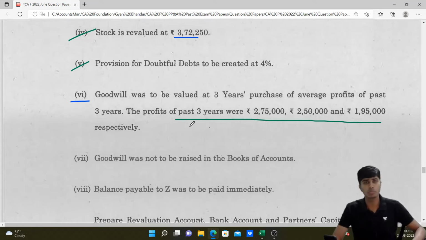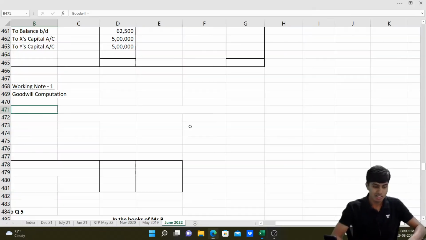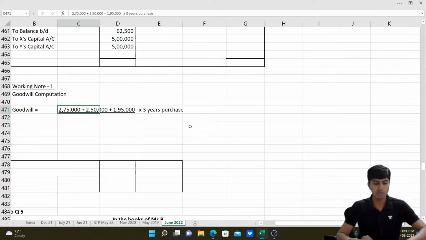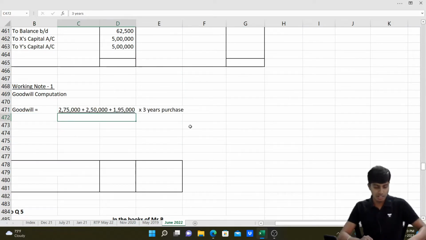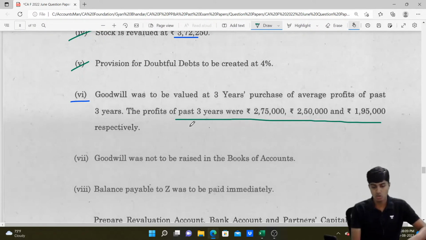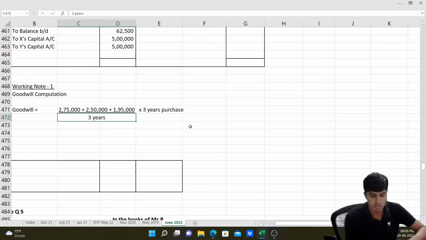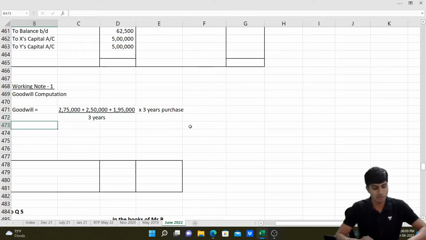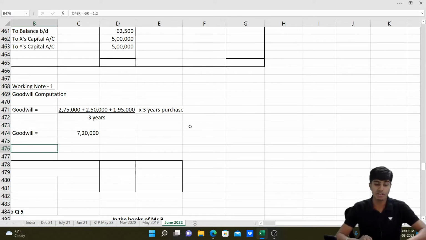So year 1 profit plus year 2 profit plus year 3 profit divided by 3, multiplied by 3 years purchase. So 2,75,000 plus 2,50,000 plus 1,95,000 divided by 3 multiplied by 3. That's basically the sum total. However, let's still find it. Goodwill is equal to 7,20,000.